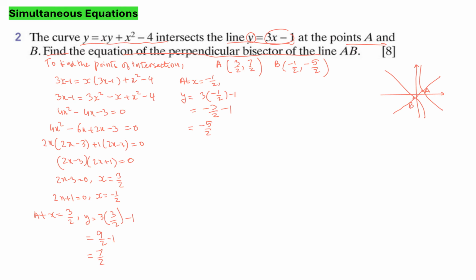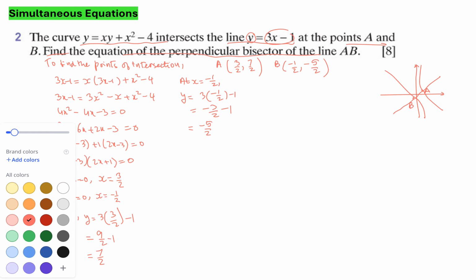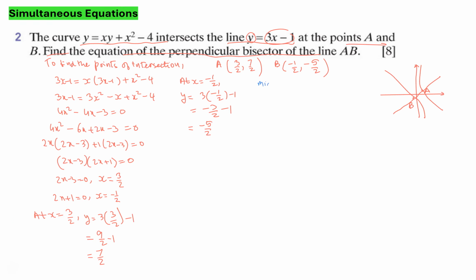So the midpoint of AB, I can write as 3 over 2 minus 1 over 2 divided by 2, and 7 over 2 minus 5 over 2 divided by 2, and that is equal to half, half.